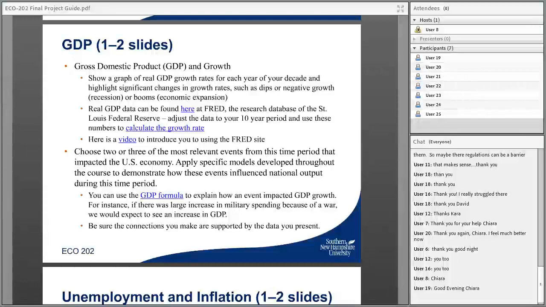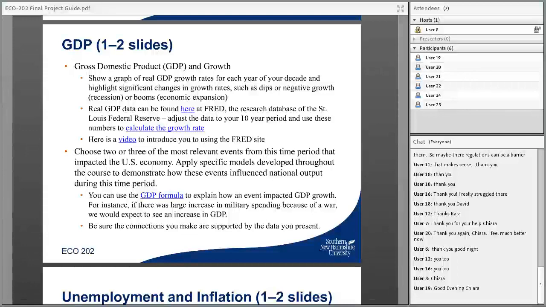You also had to relate the GDP changes in output to the historical events that happened during your decade. Here you just want to give a good explanation of the relationship between the events that occurred and the changes in output that occurred as a consequence. For example, if you did Hurricane Katrina and you explained that it affected the GDP, give an additional explanation on how it affected the GDP, what happened.